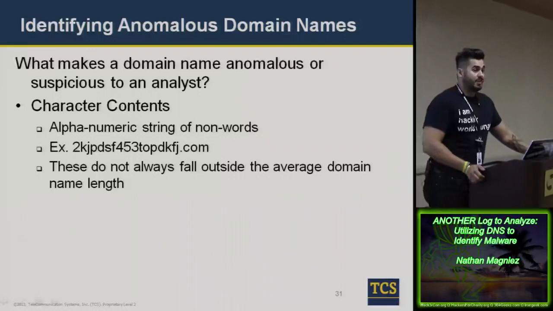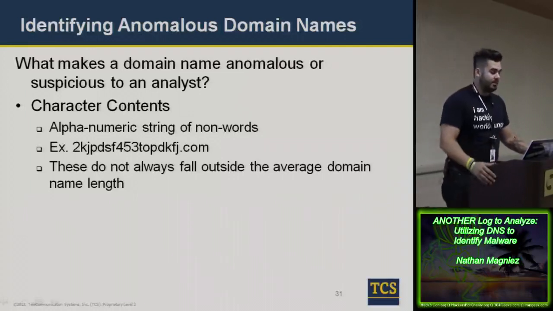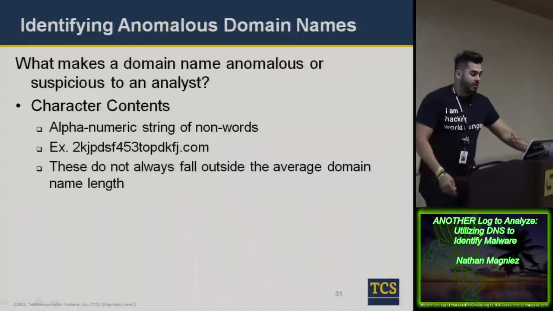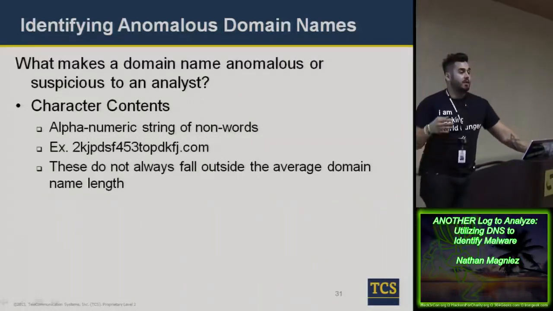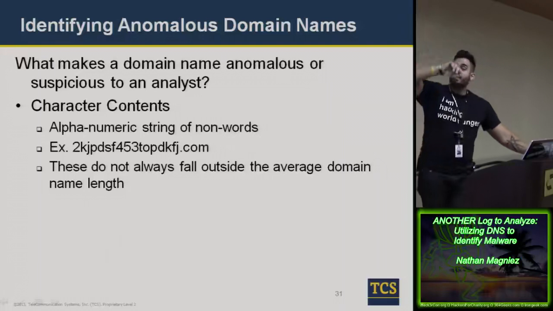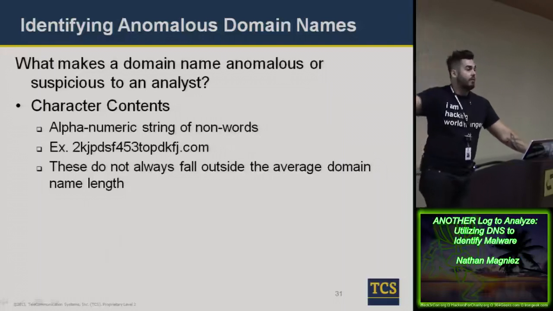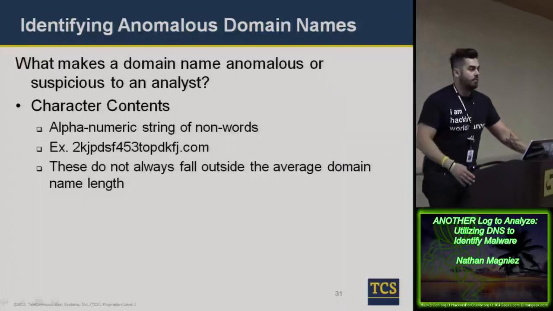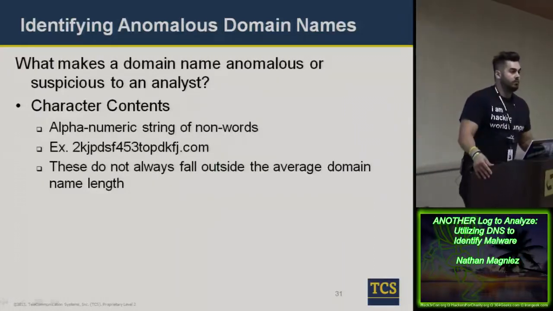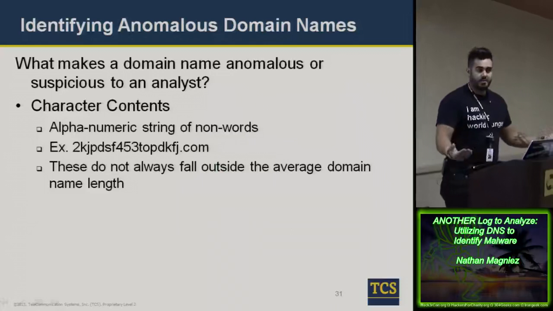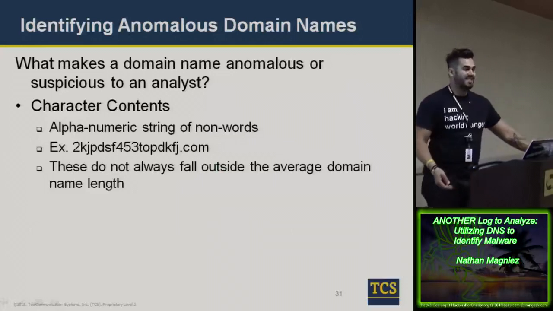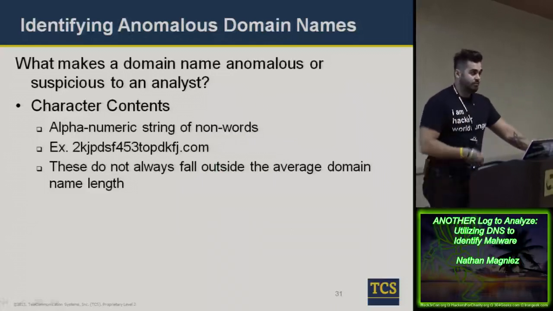It's not easy to remember, so it's most likely not a legitimate site. That should also pique your interest. Sometimes, as noted with the domain name length, these may not fall outside that scope, so don't just go off of one or the other. Combine these. Utilize what looks normal, how many characters are in there. Is it just a whole bunch of consonants, vowels, and numbers strewn together?